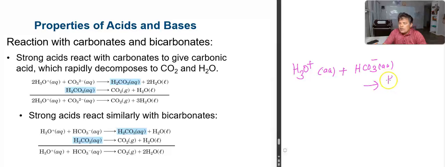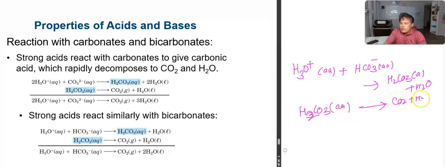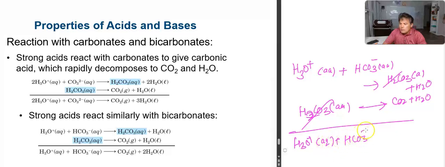This gives you H2CO3 plus H2O, and aqueous H2CO3 will give you CO2 plus H2O. So H3O+ aqueous plus HCO3 minus aqueous gives you CO2 plus 2H2O. Done.